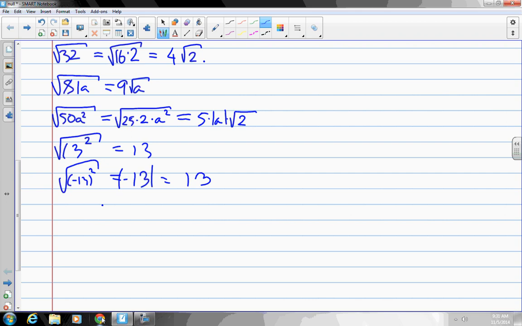Okay. Now, your book is being really, really kind to you. Before every exercise, they say a phrase like this: assume that no radicands were formed by raising negative numbers to even powers.